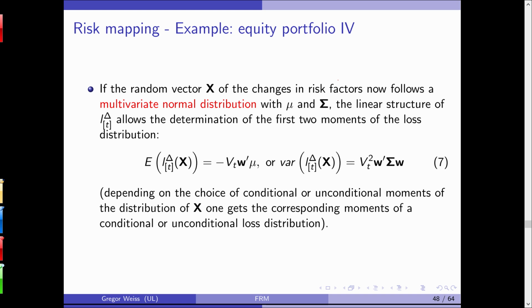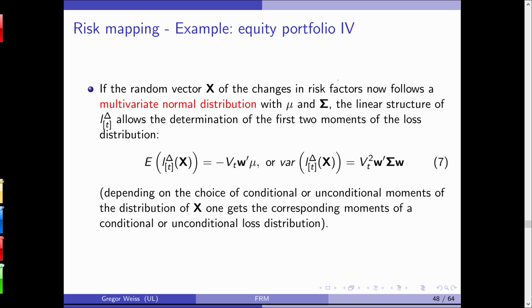And you can see that with this linear structure, the expected value of the linearized loss is minus V_t times the weight vector transposed times the vector of expected values, and the variance of the loss is given by V_t squared times the weight vector transposed times the variance-covariance matrix times the weight vector.